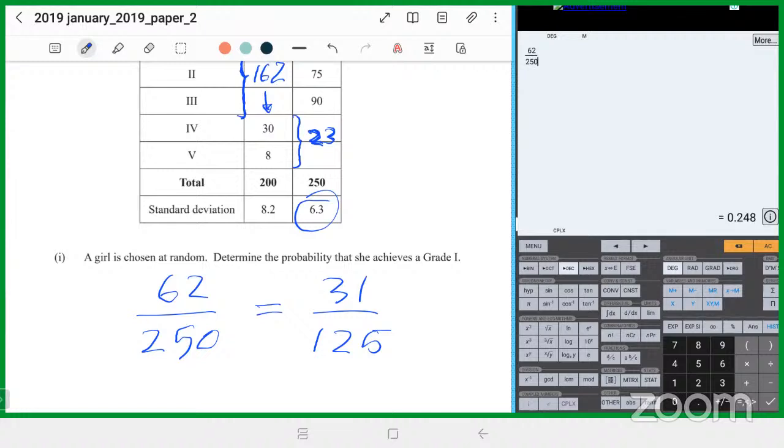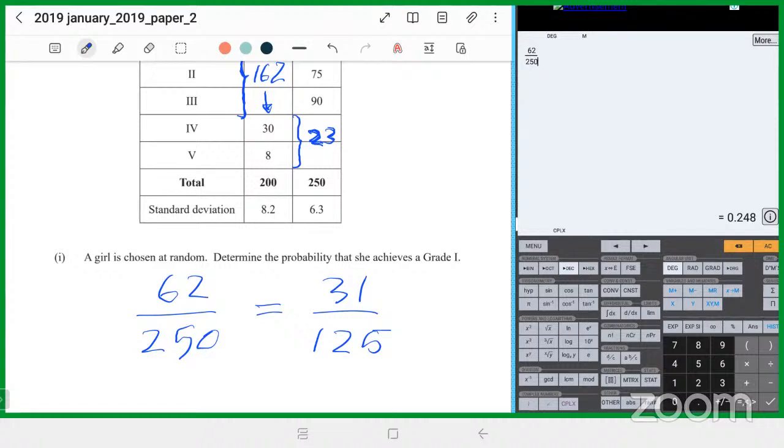So looking at these figures, because the boys' standard deviation is higher, you can in simple terms say that the grades of the boys are more widely spread from their mean grade as compared to those of the girls. If you're referencing the girls for your explanation, you can say the grades of the girls are more closely spread from their mean grade in comparison to the grades of the boys.